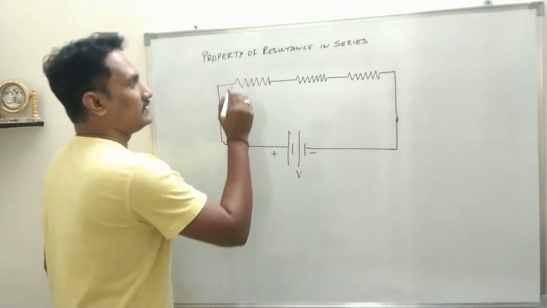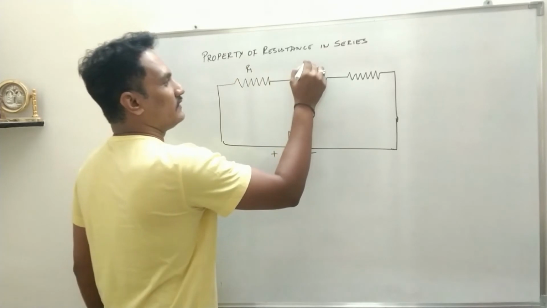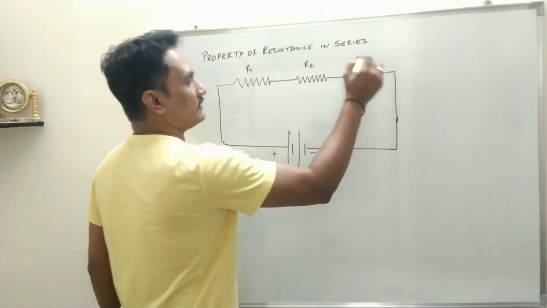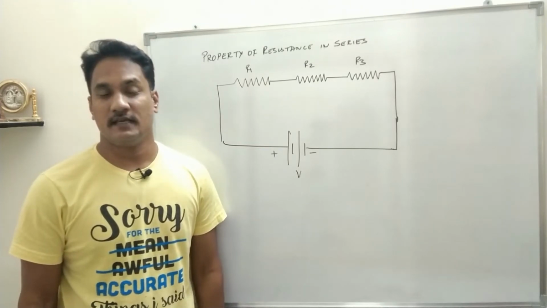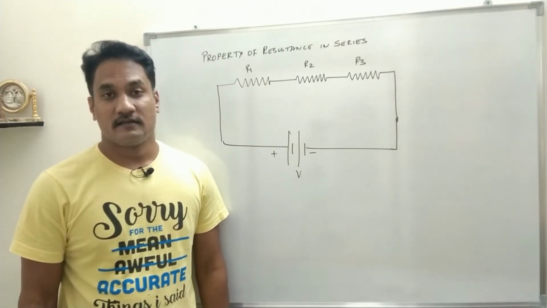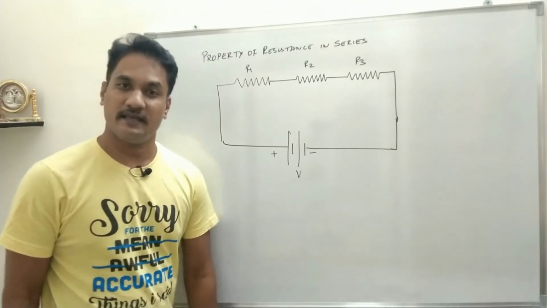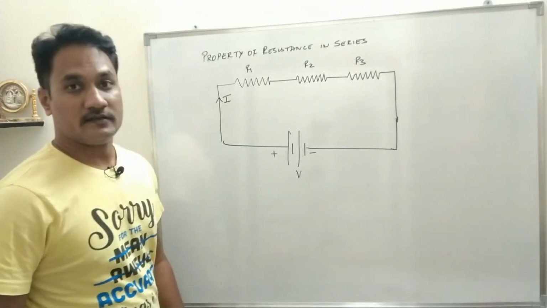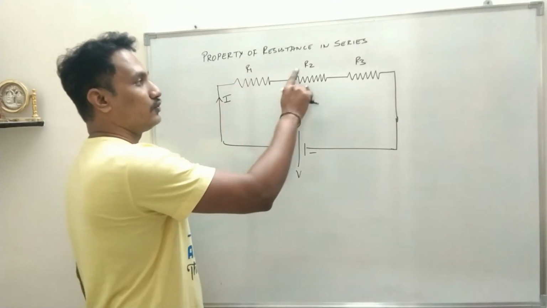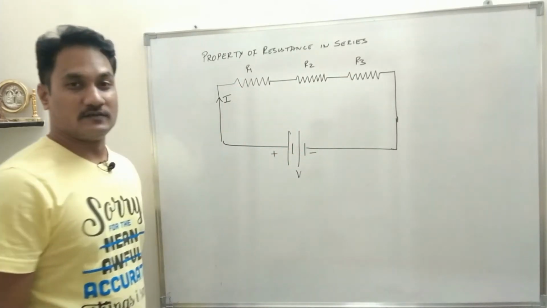Let these be R1, R2, R3. When resistances are connected in series, the voltage divides, the current remains the same. So let the current flowing in the circuit be I. This same current I will flow through R1 as well as R2 as well as R3.